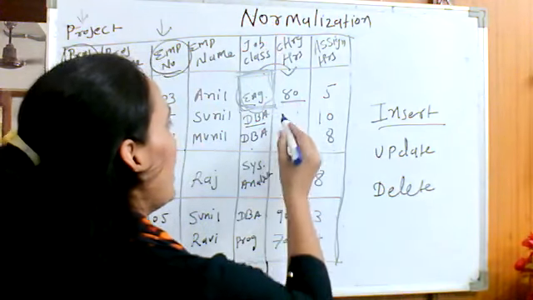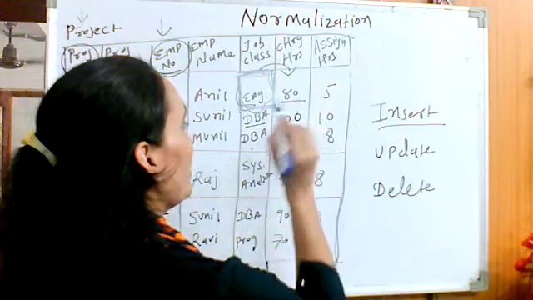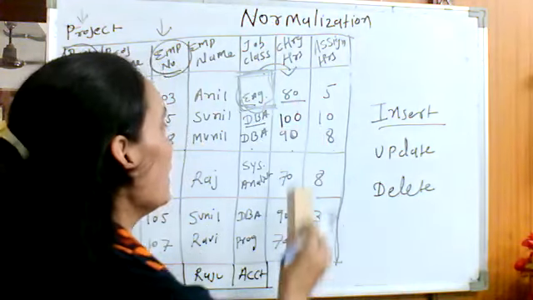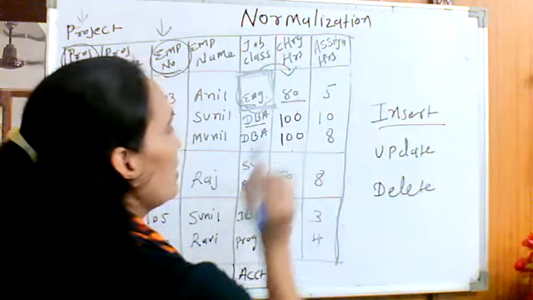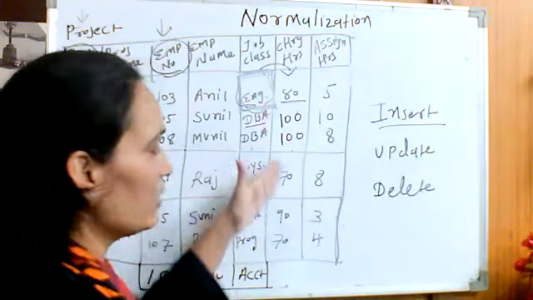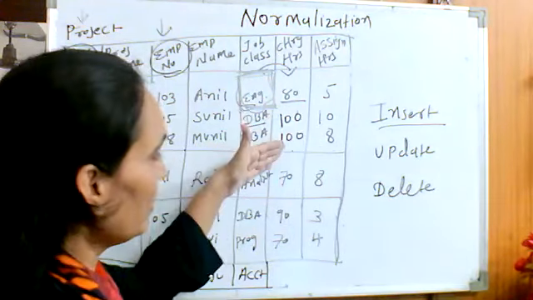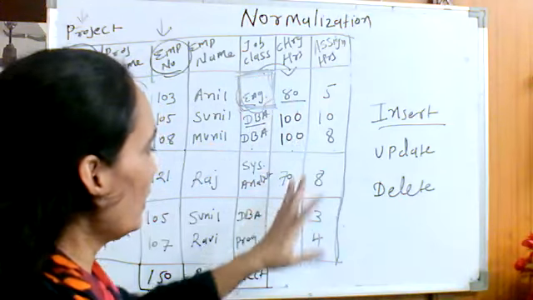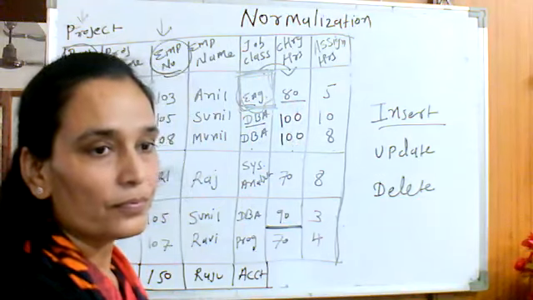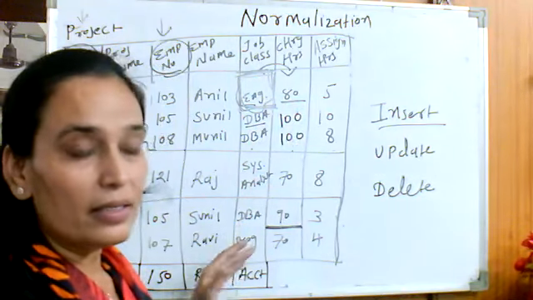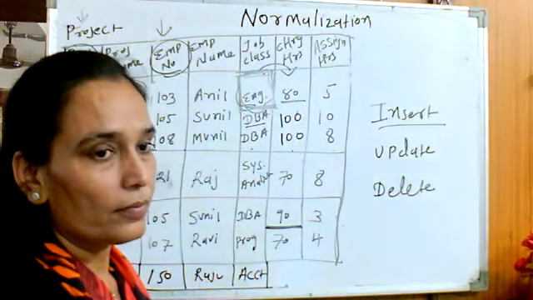So to change it, I have to change each and every place where DBA appears. While updating DBA charges per hour, I forgot to change it in some places. Then it will create an inconsistency problem.